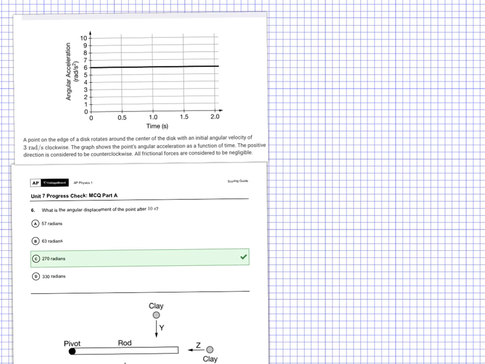So the way I organize it is I write out the variables, my knowns and my unknowns. As far as known values, I know that the alpha is a positive 6 radians per second squared.